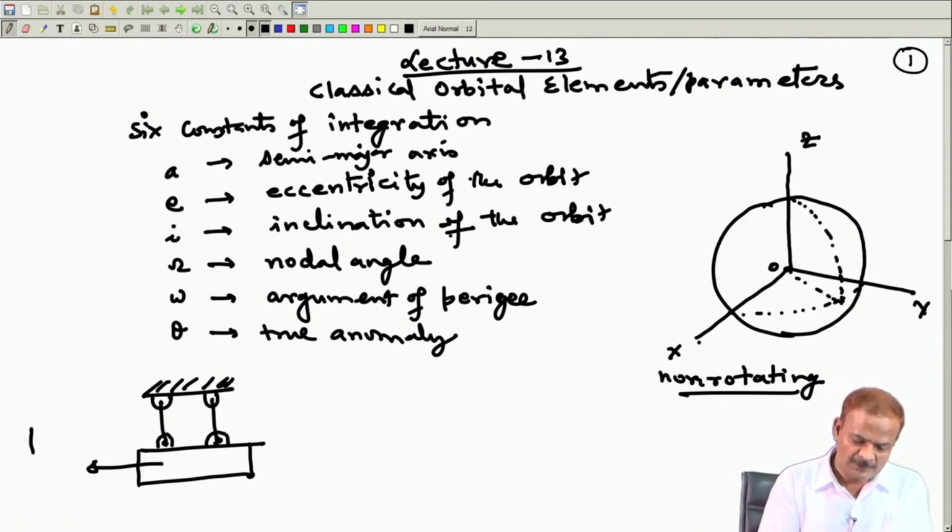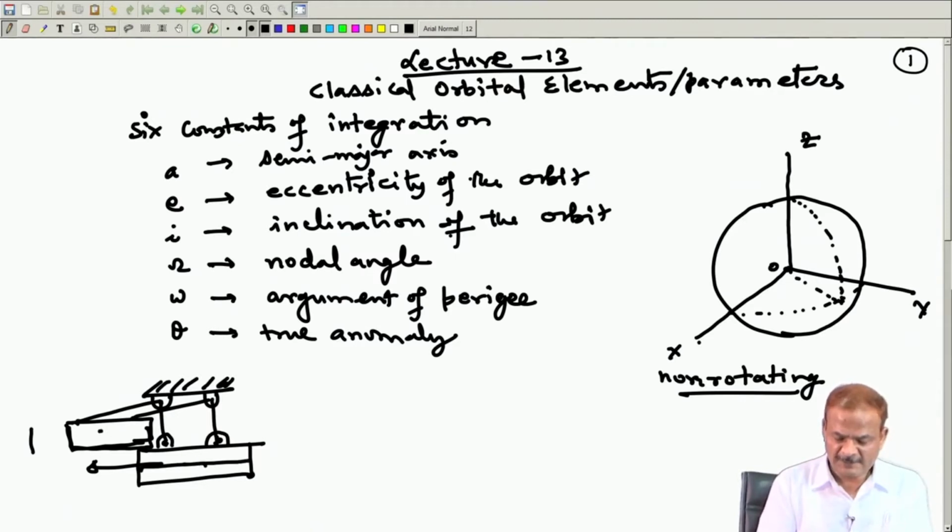When it is pushed from one place to another, this position will come here and this will go here. In this, you can see that the orientation does not change. A line joining like this remains horizontal.